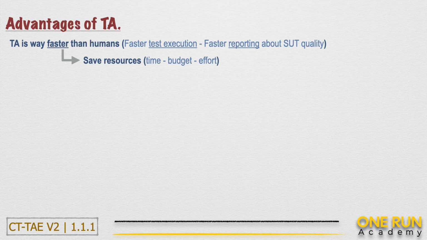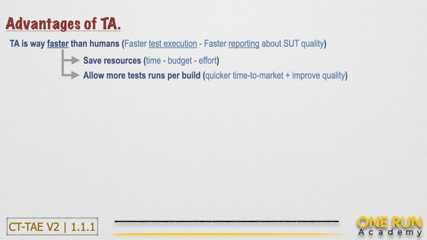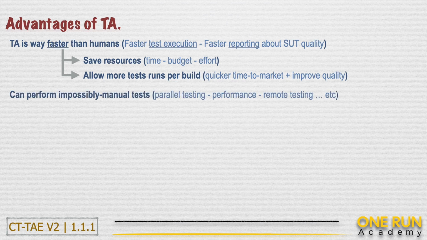Also, you can run way more tests for every build. This means quicker time to market and finding more defects. Hence, the overall quality of the work product will definitely improve. Now, one of the major pluses of test automation is that it can handle tests that are flat out impossible for humans.